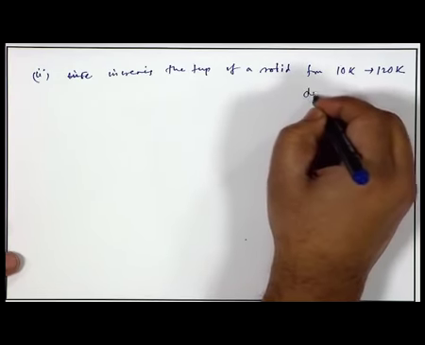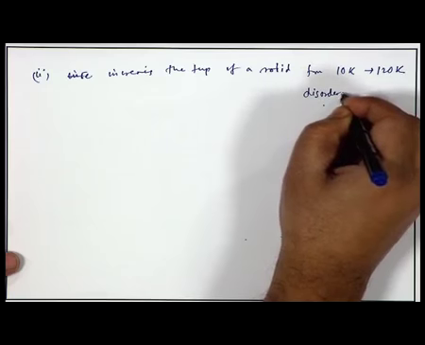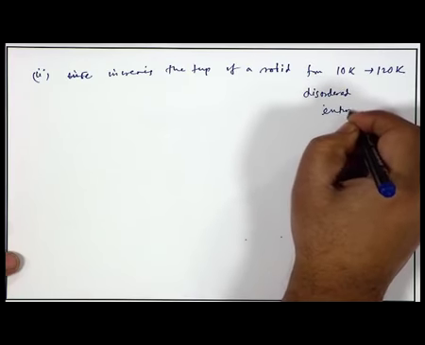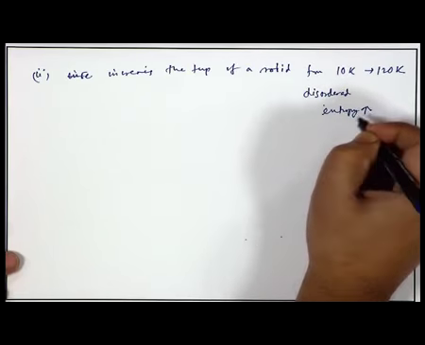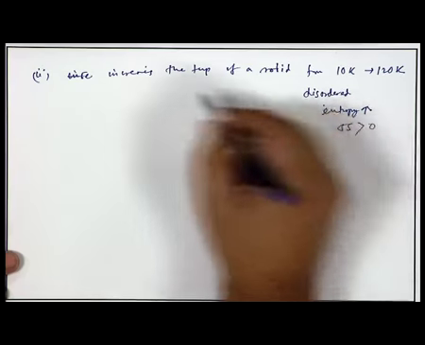So, it will become more disordered, which means entropy will increase. So, delta S would be positive for the system in this case.